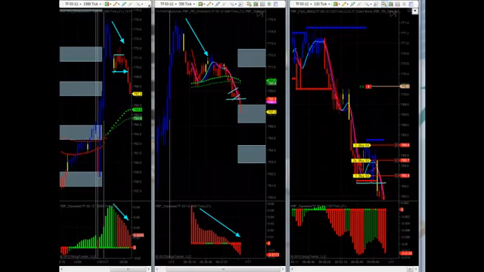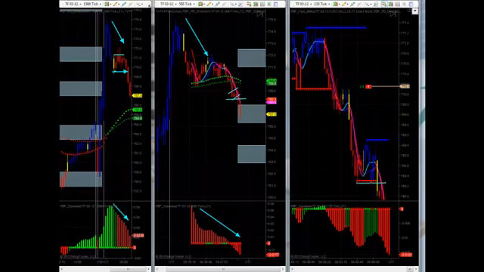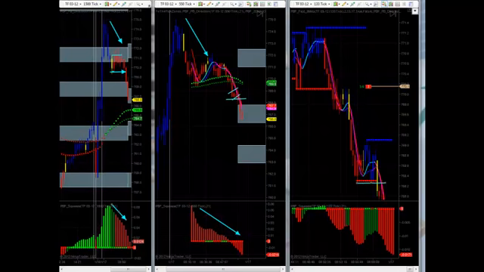Okay, continue to push it down. Oh, nice move, very nice move. This is the way we love to start the day, one trade. Okay, see if we get stopped here. We're still in for 3 contracts.